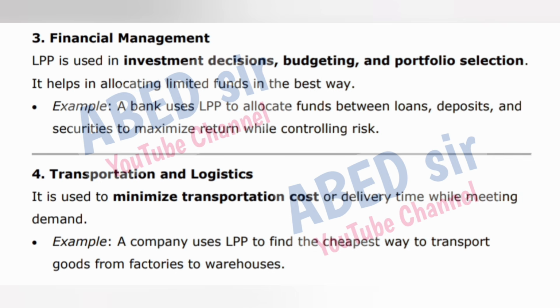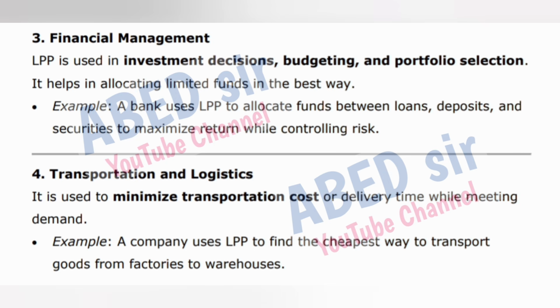Financial management. LPP is used in investment decisions, budgeting, and portfolio selection. It helps in allocating limited funds in the best way. Example: a bank uses LPP to allocate funds between loans, deposits, and securities to maximize return while controlling risk.